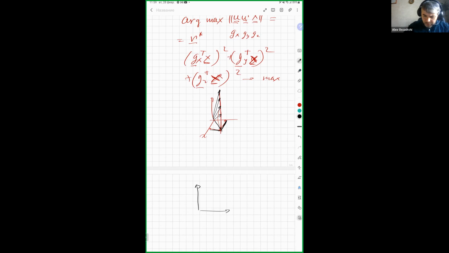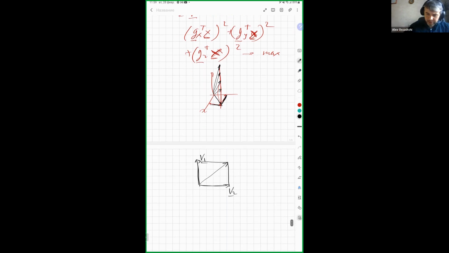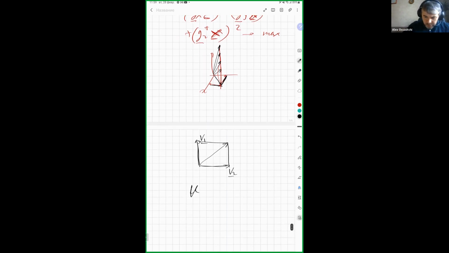If you have 2 orthogonal vectors, say V1 and V2, then the length of the sum of these 2 vectors is the square root of V1 length squared plus V2 length squared. So this is the length of V1 plus V2, if V1 is orthogonal to V2, okay?